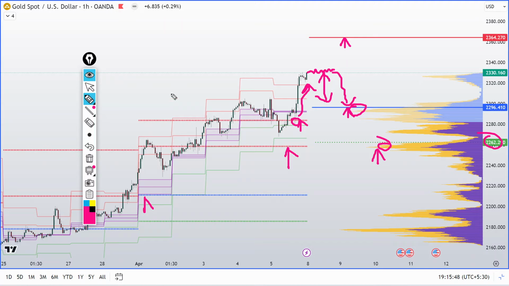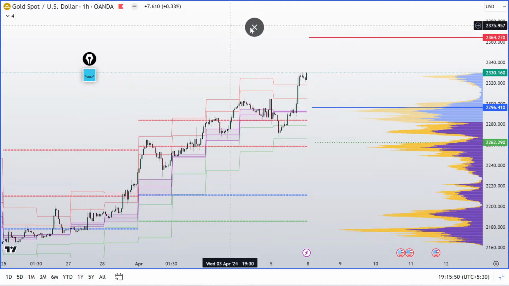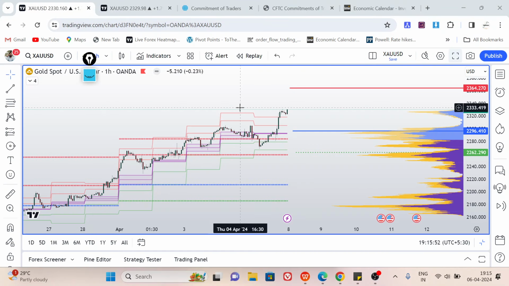Now I do not want to discuss the dollar and US 10-year yield charts, because currently gold is not trading with respect to the US 10Y and the dollar.